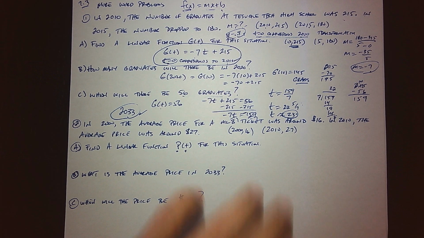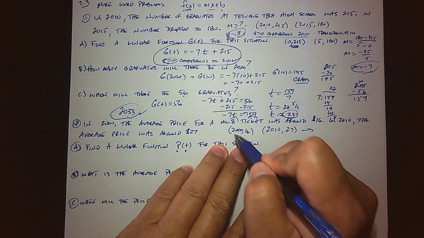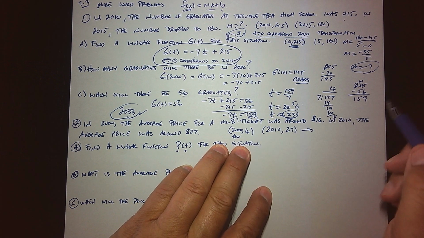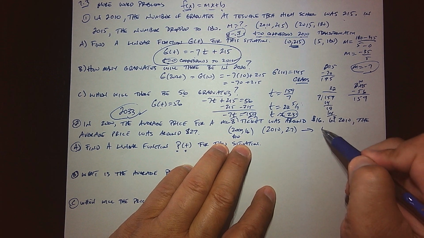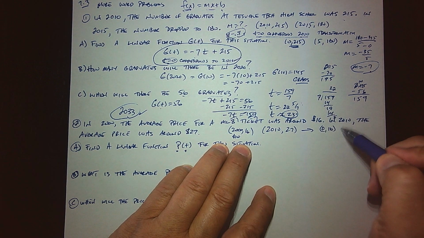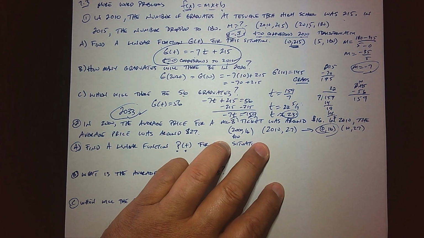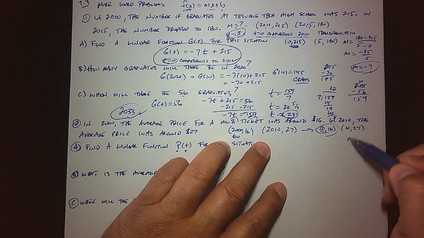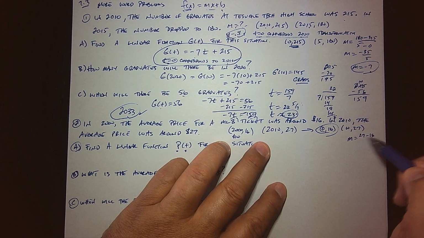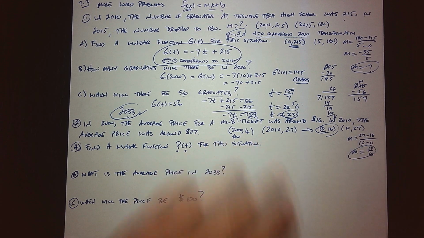And so again, let's scale this down. Let's let t equal to 0 corresponding to the year 2000. And so this gives us (0, 16) and (10, 27). There's my y-intercept, so we're almost there. Finding my slope, I'll subtract my y values, subtract my x values, and we get 11 over 10. So there's my slope.